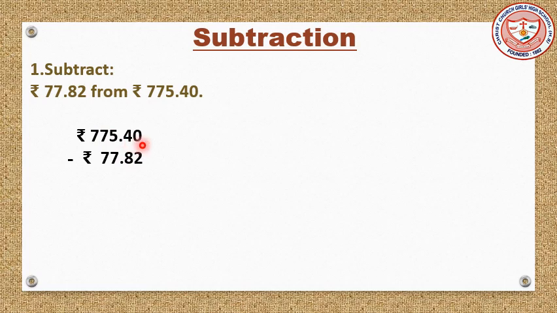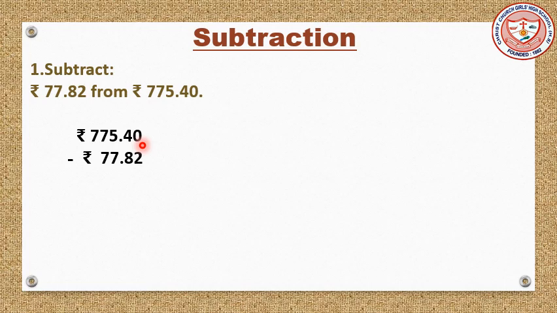Why? Because we know 1 rupee equal to 100 paise. So 1 rupee plus 40 paise is equal to 140 paise. Correct?